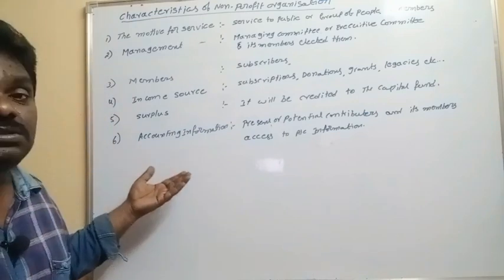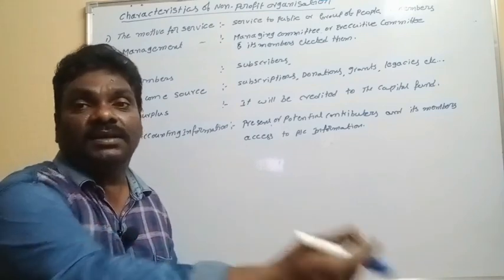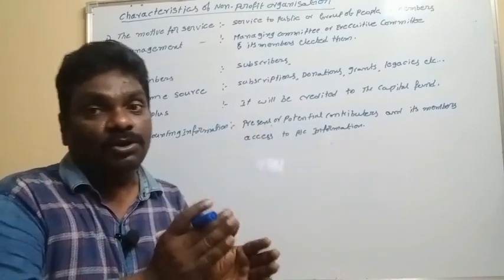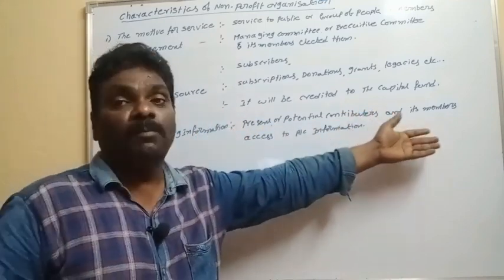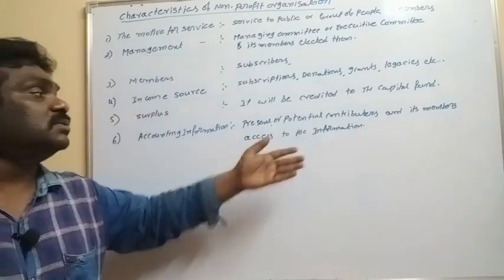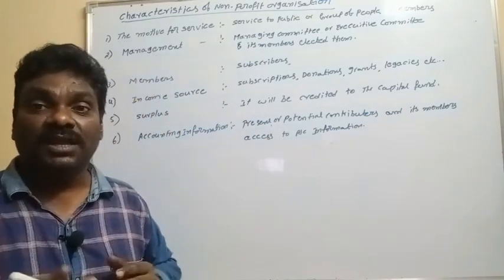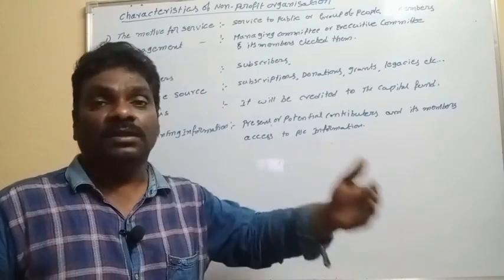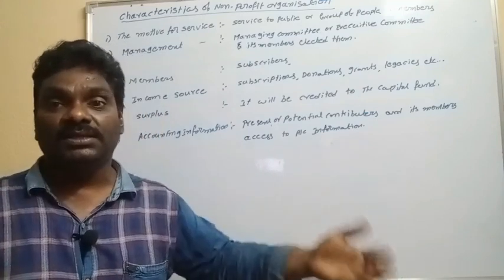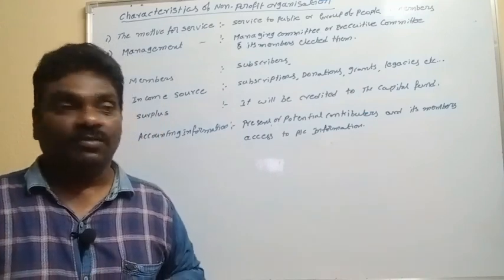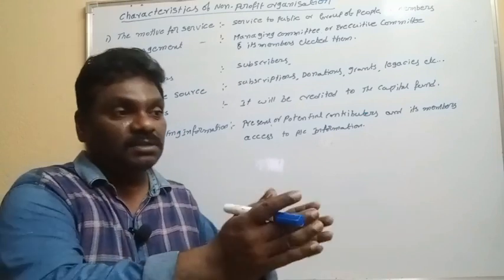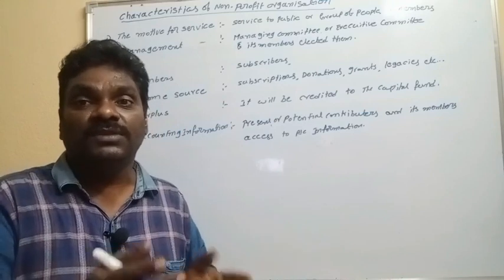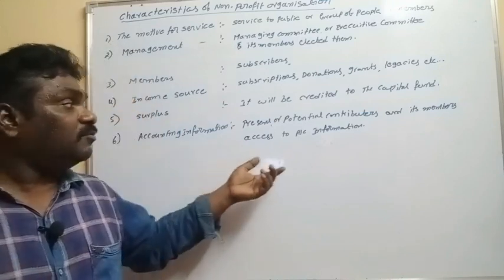Who has access to the accounting information? Generally, potential contributors and members have access to it. Any person who inquires about their funds, how the funds are utilized, what the expenses of some tournament were, or what the income position of this year is, can get the information.